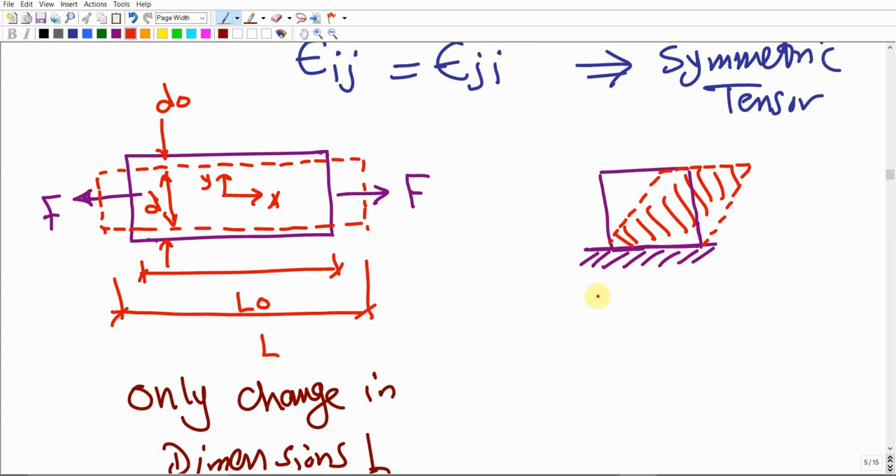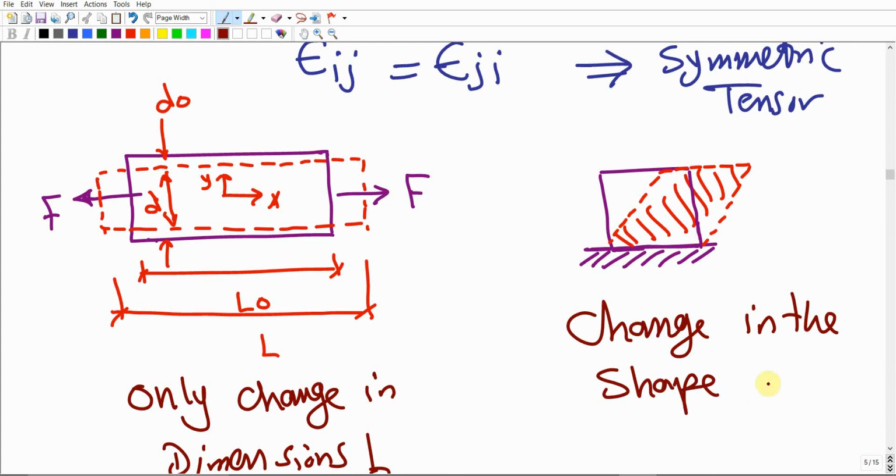So it means that for this case, we have a change in the shape. Definitely there would be some changes in the dimensions, but if we consider our reference as x and y, for example, this horizontal line is still the same length, so there is no change in the width or the height of the object.